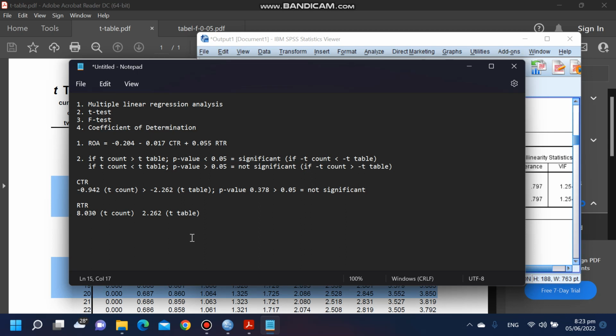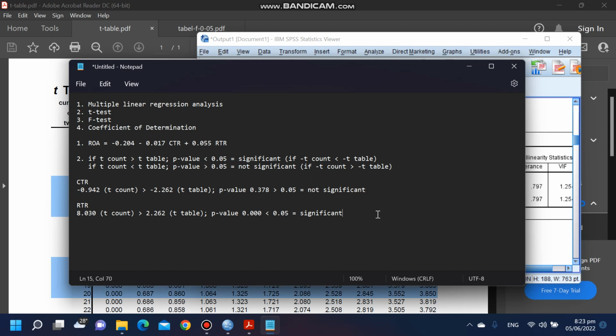So this is more than, if positive more than, and then your p value is 0.000, so less than 0.05. So this is significant because the positive one, as you can see, t count is more than t table, p value less than 0.05, significant. Okay, so that's for the t-test.